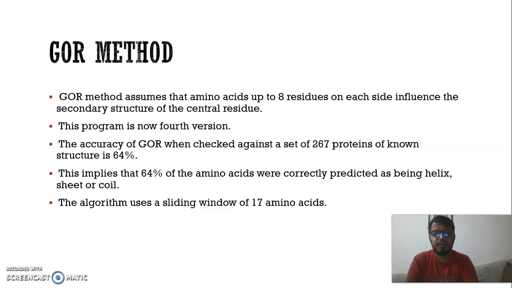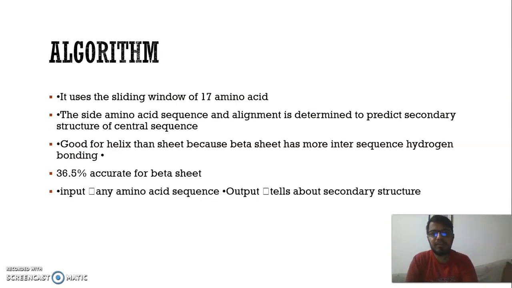The algorithm uses a sliding window technique of 17 amino acids. This means they shift through the amino acid range in sets of 17. The secondary structure of the central residue is predicted from the amino acid sequence and alignment.